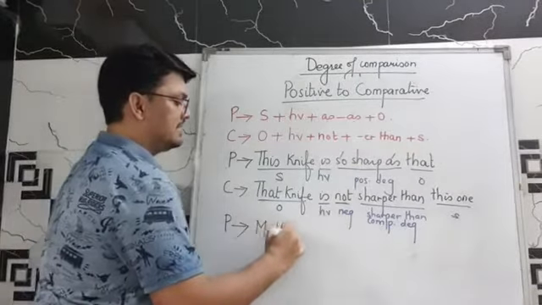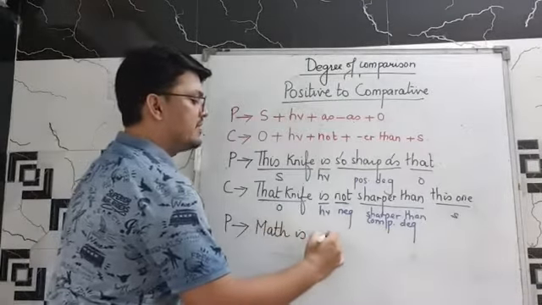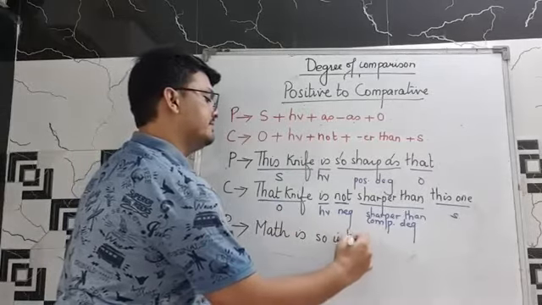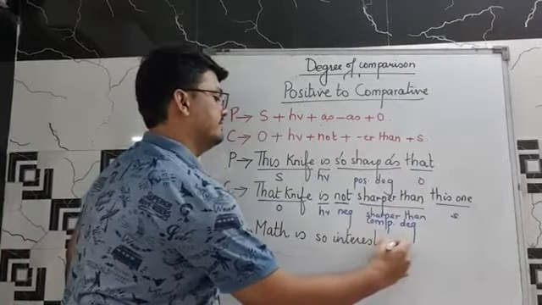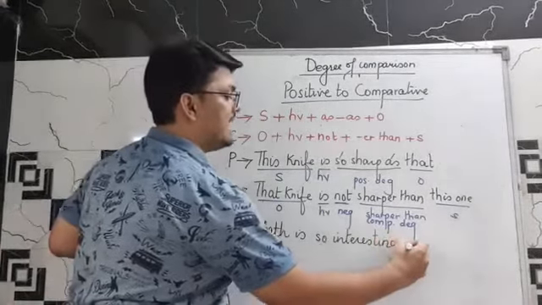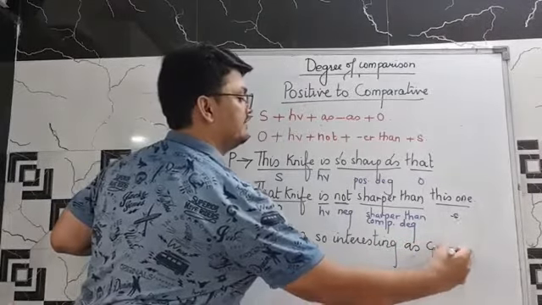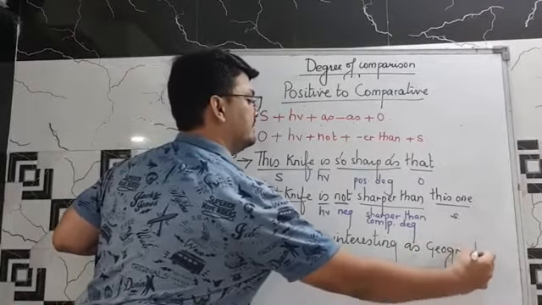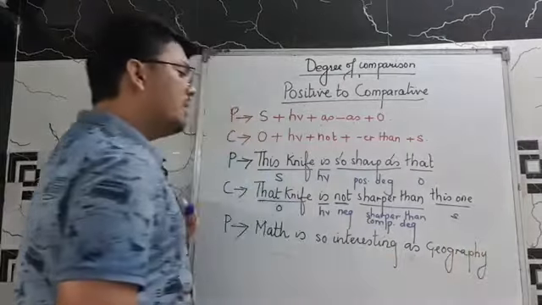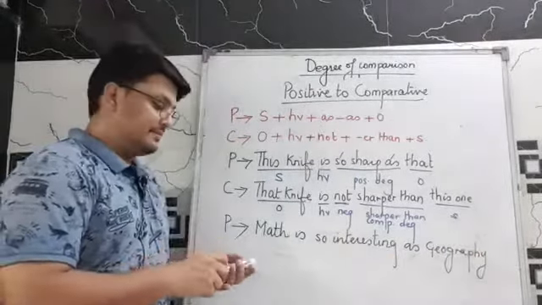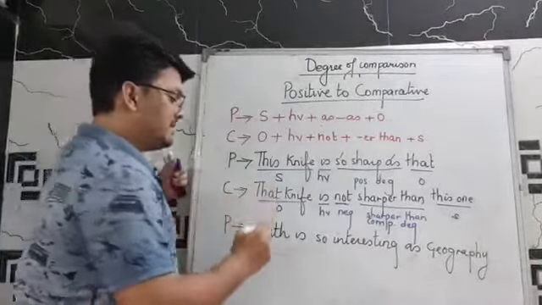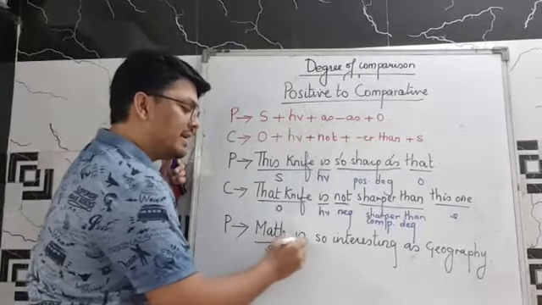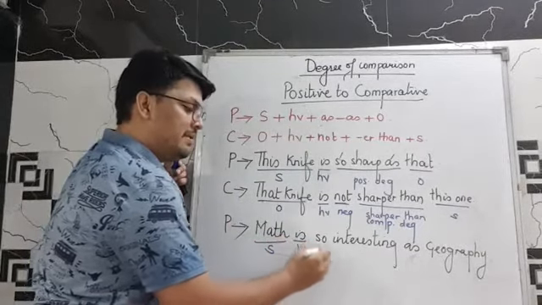Math is so interesting as geography. Math is so interesting as geography. So let's analyze it. Math is my subject. This is the helping verb.